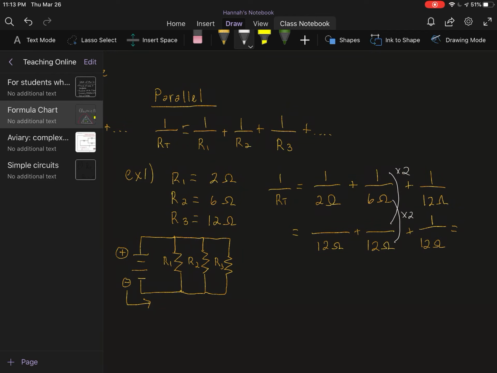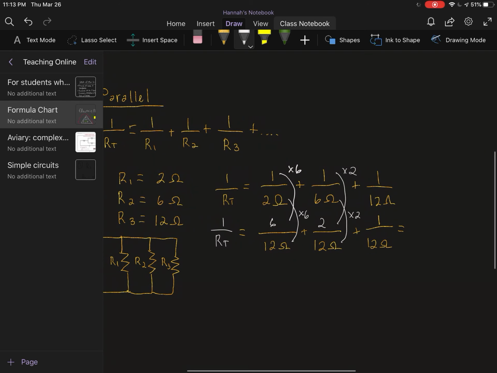I'm going to do the same with my numerator. 1 times 2 is 2. And then from 2 to 12, I have to multiply by 6, so I'm going to do the same thing to my numerator, and therefore my numerator is 6.